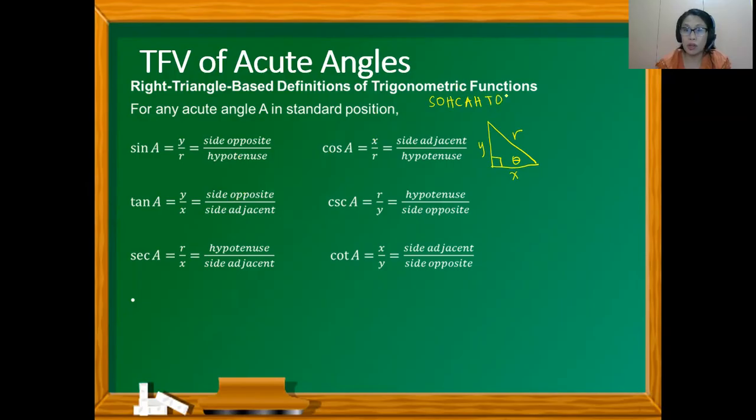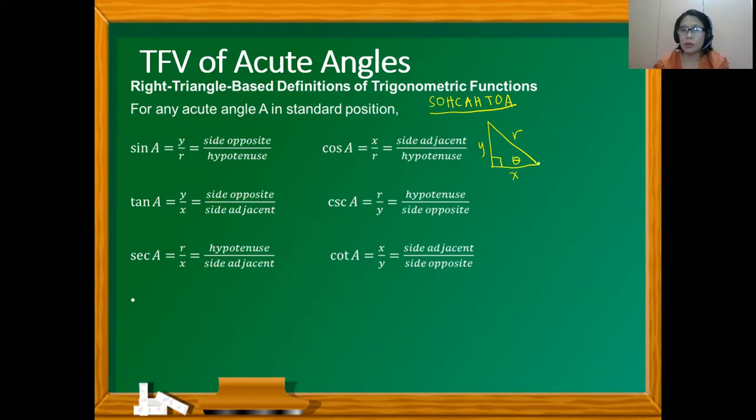Let us just recall. For instance, for sine theta, this represents SOH, and the ratio is O over H. So this would mean opposite side, which is y, all over its longest side or hypotenuse, r. And then for tangent, this is TOA.